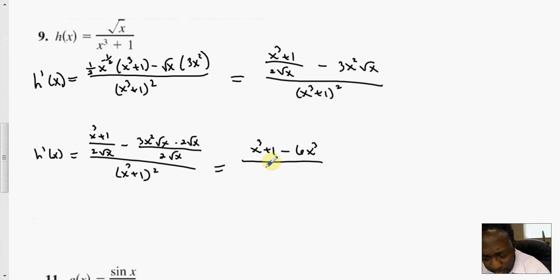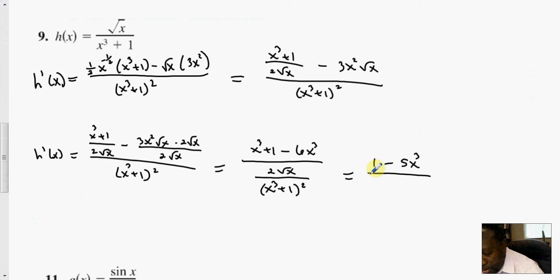This is over 2 the square root of x divided by the x cubed plus 1 to be squared. You simplify and get the answer. This is 1 minus 5x cubed over the 2 square root of x, which drops downstairs with the x cubed plus 1 to be squared.